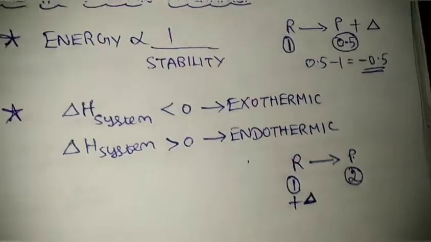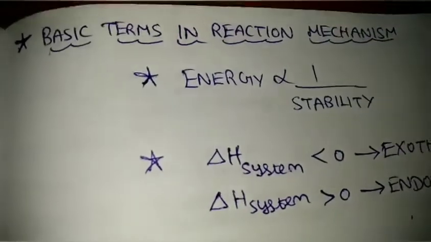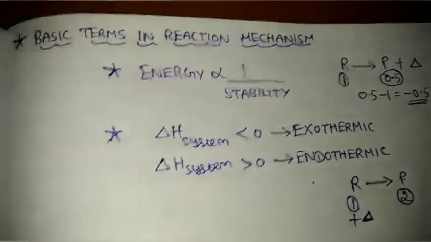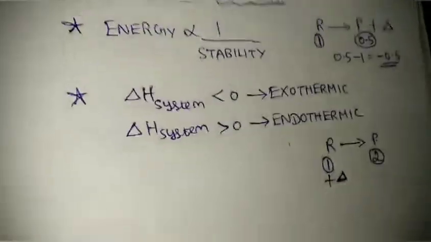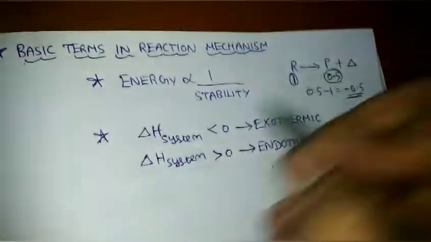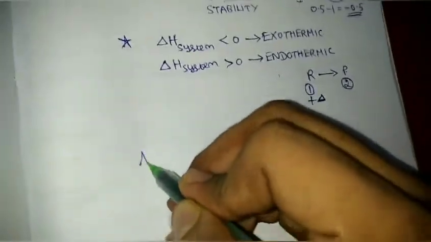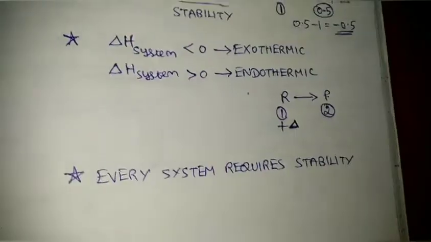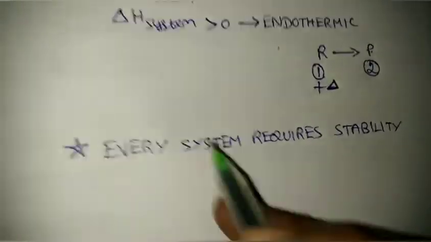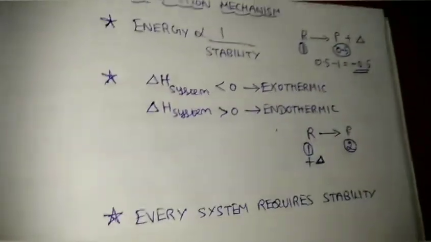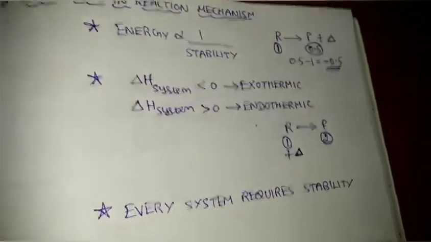Remember this, I said this energy is inversely proportional to stability. That's correct. And one more important thing is that every system requires stability. This is also an important thumb rule. These three are basically the important thumb rules for chemistry.